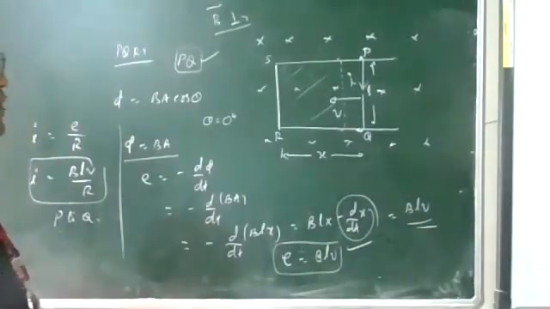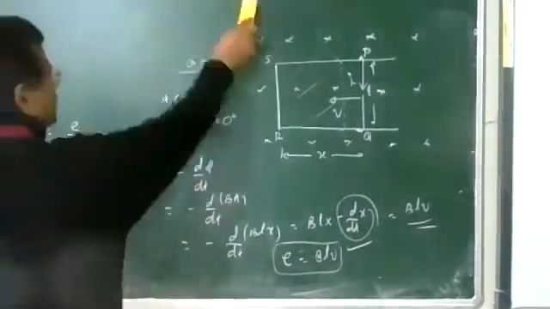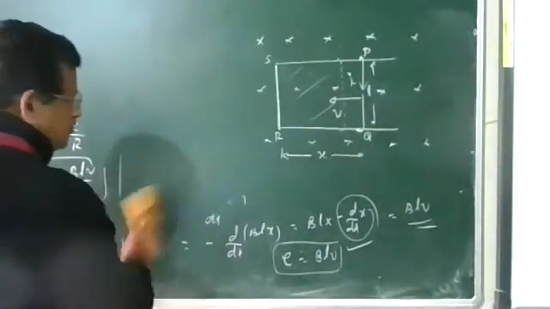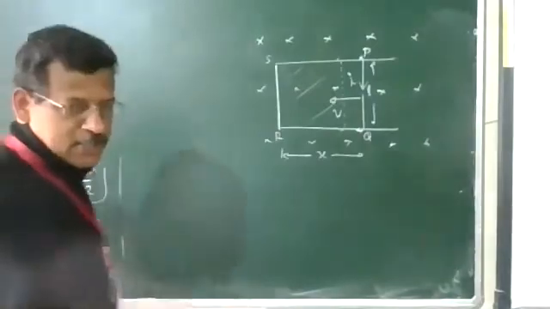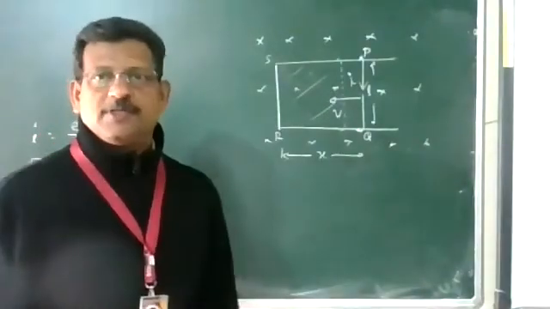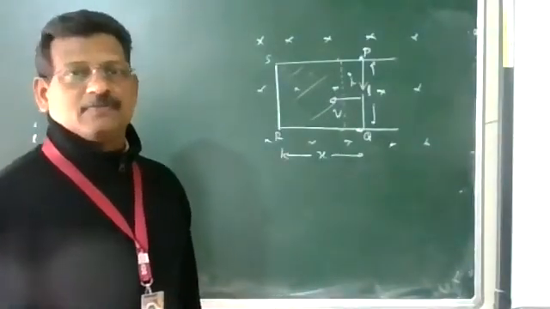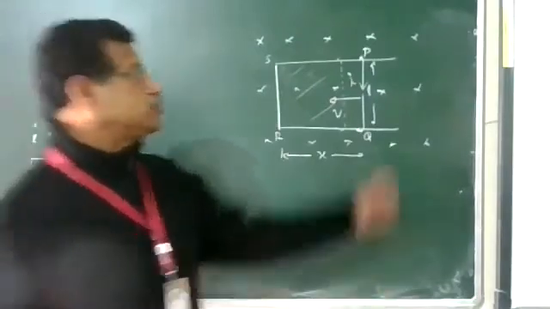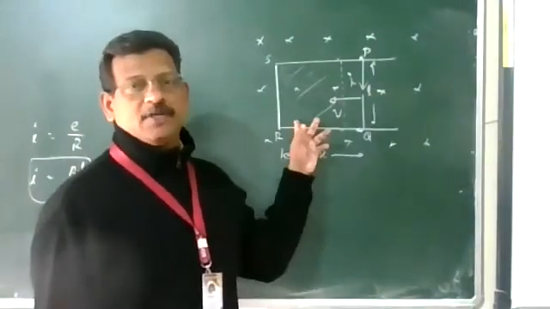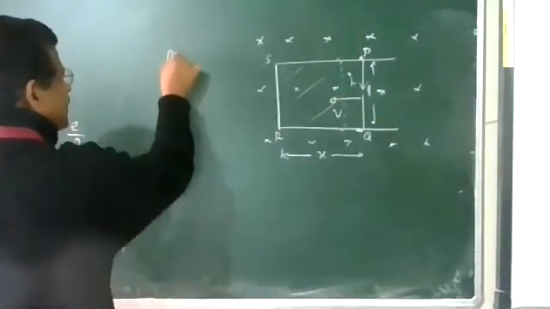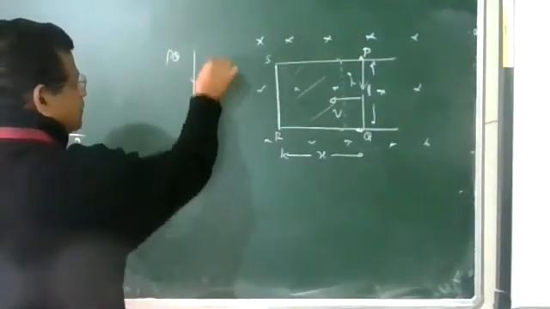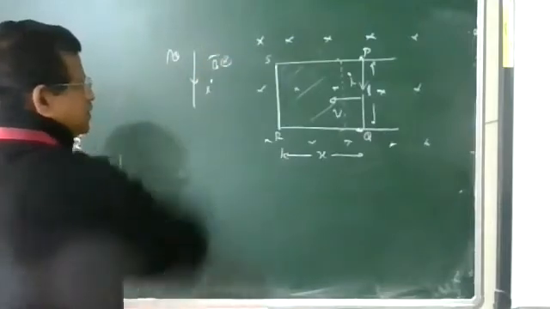The next important point is this. The induced current or EMF flows in such a direction that it opposes the cause which is responsible for its production. The cause is the motion of the conductor towards the left side. So the conductor PQ, carrying current in this direction, is perpendicular to the field going inside.